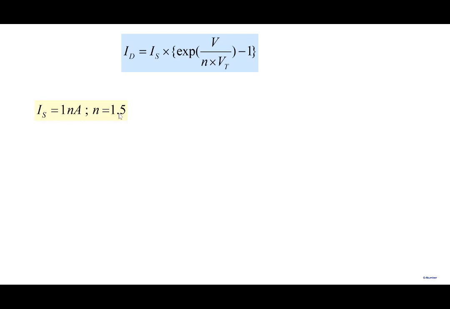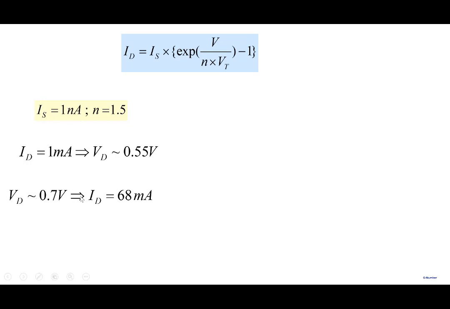These would give you, for 1 milliampere, V_d of 0.55. It won't be 0.7, even for these numbers. And for V_d equal to 0.7, I_D would be 68 milliamperes here. So if you want to quote a typical value, don't say 10 microamperes and ideality factor of 1.